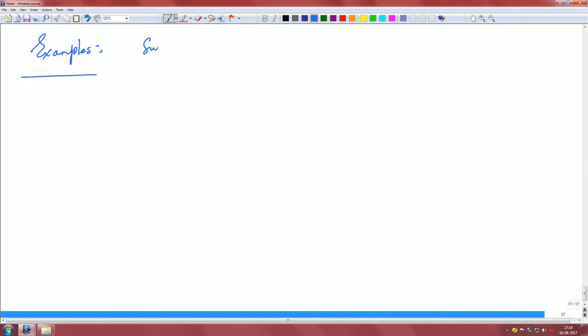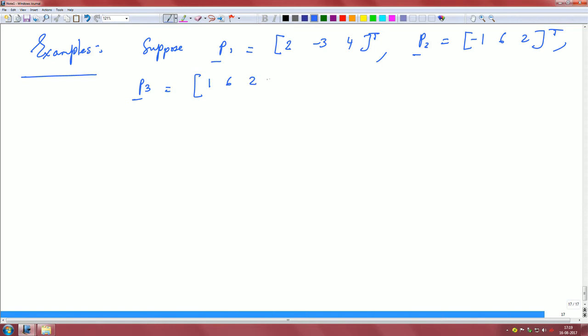Suppose I give you P1 equals 2, minus 3, 4 transpose, P2 is minus 1, minus 1, 6, 2 transpose, and P3 is say 1, 6, 2 transpose.